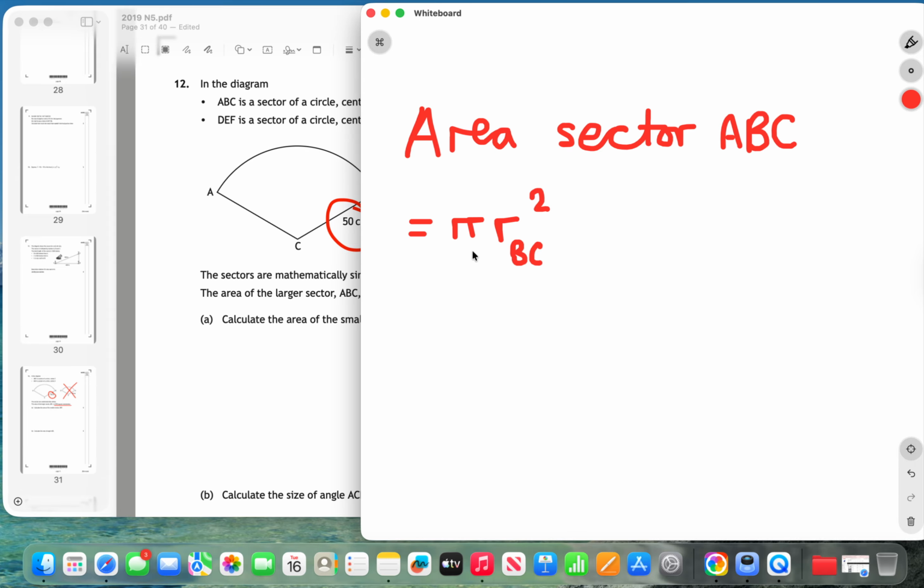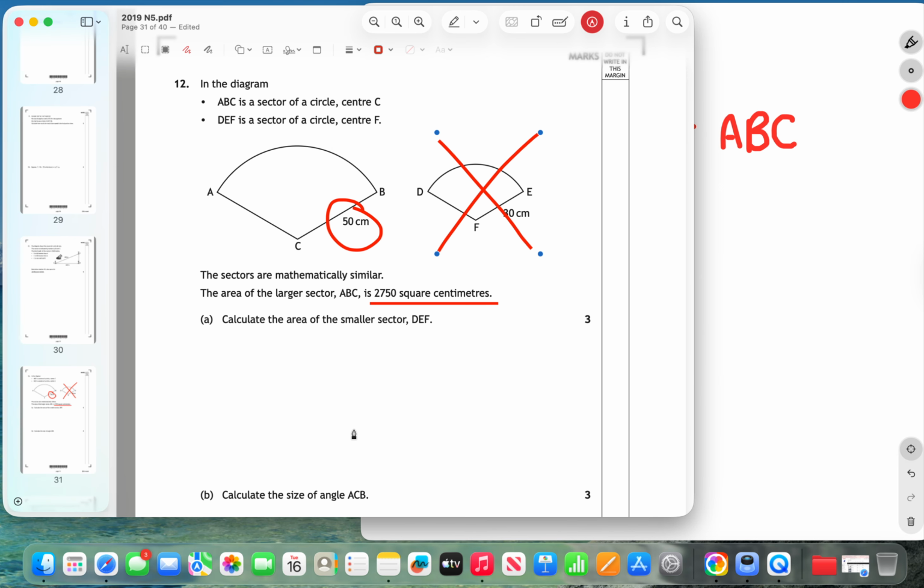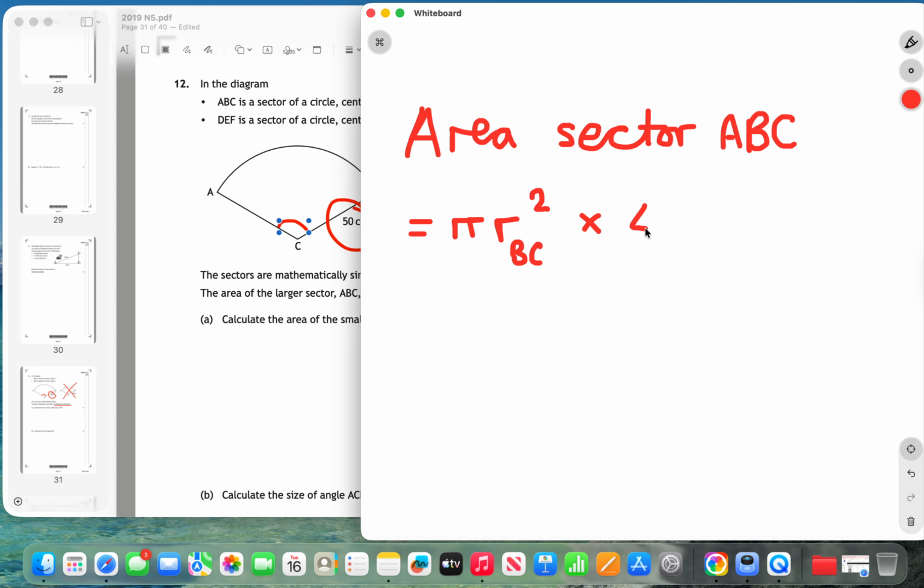This would be the area of a full circle of radius 50, but we have to multiply it by the angle, and the angle ACB is this one, all divided by 360.